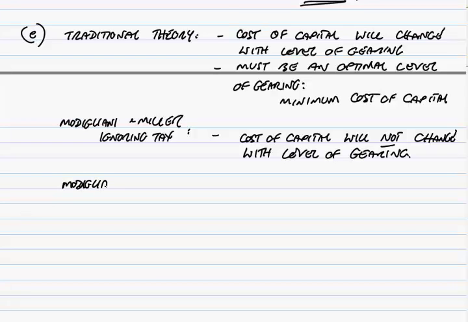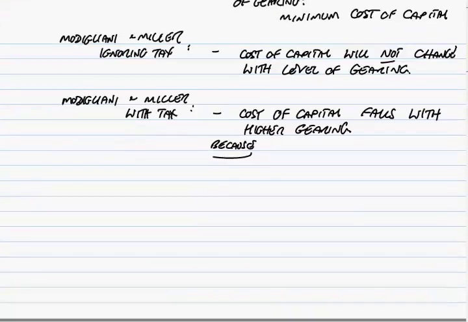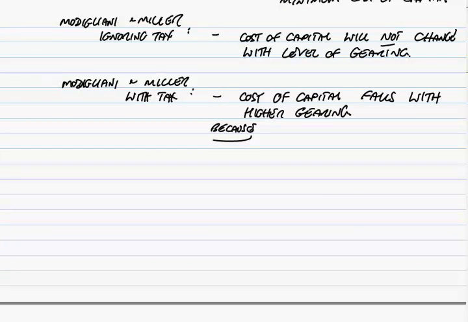They then included tax. And if you remember, they found that the cost of capital will fall with higher gearing. But only for one reason: the only reason that gearing becomes attractive is that debt interest is tax allowable.